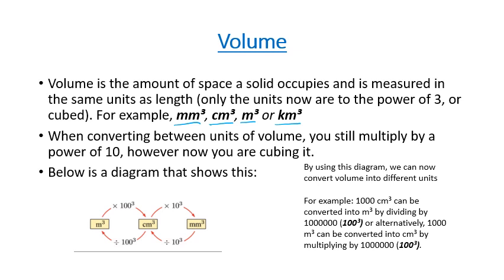And again, you can see in our example that if we're going from millimeters to centimeters, we divide by 10, but in this particular case, we're going to cube it. If we're going from centimeters to meters, we divide by 100, but in this particular case, we cube it. Because volume's units are cubed, we must cube our multipliers.